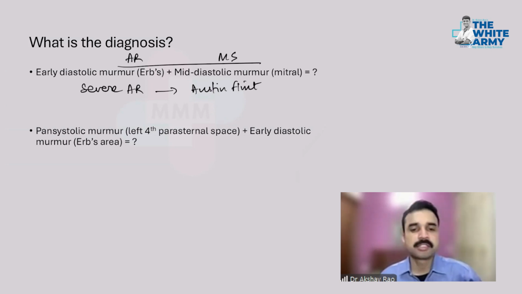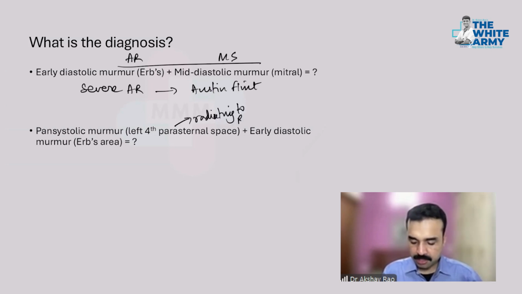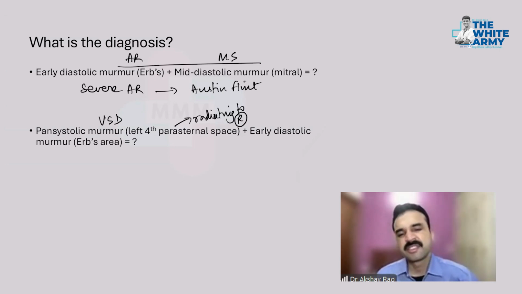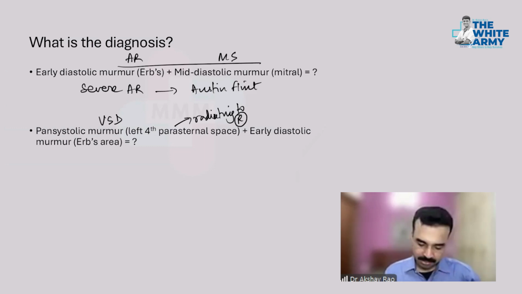The murmur in the left fourth parasternal space is radiating to the right parasternal space, which makes it VSD. So basically a VSD with an early diastolic murmur in the Erb's area, which means a VSD with aortic regurgitation.